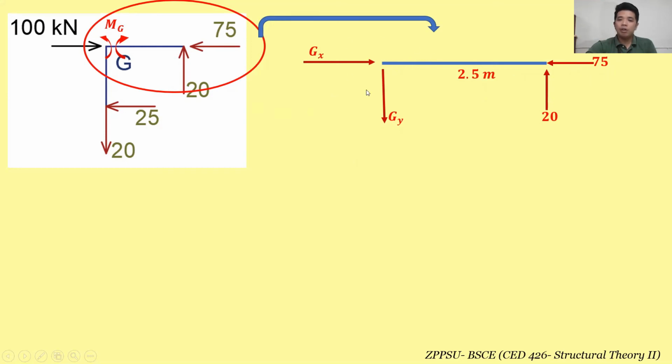Diba? That is the goal of mechanics. That is the goal na dapat hindi gagalaw yung structure mo. So kung may tumutulak ditong 75 kilonewton to the left, itulak mo din ng GX. So whatever forces na makikita mong value ng GX, that will be the counter force of 75 kilonewtons for this member not to be able to move.